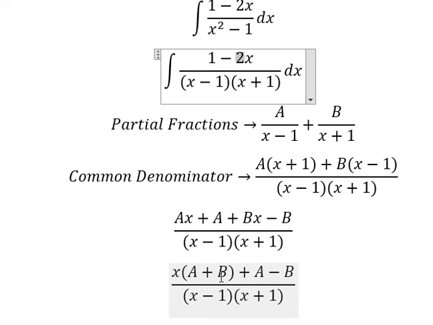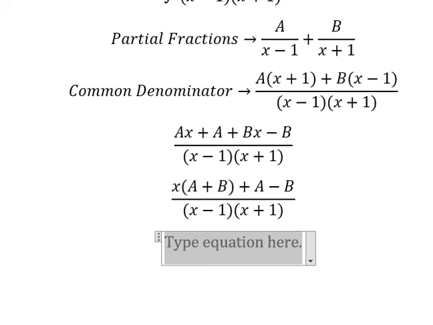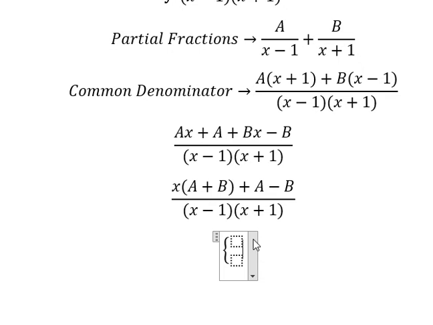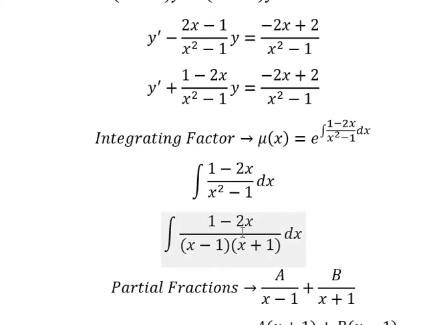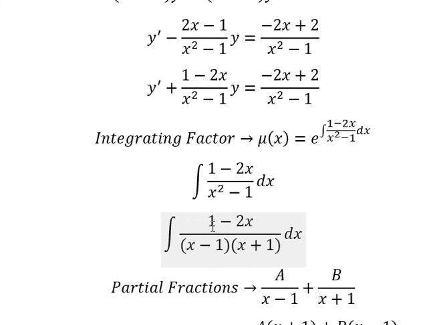So a plus b equals negative number 2, a minus b equals number 1. So we create the system of equations. So a plus b equals negative number 2, a minus b equals positive number 1.